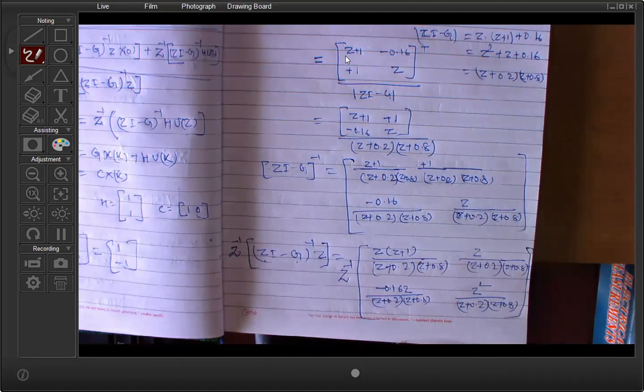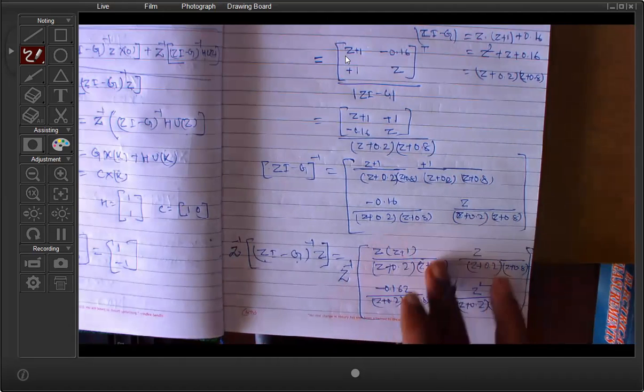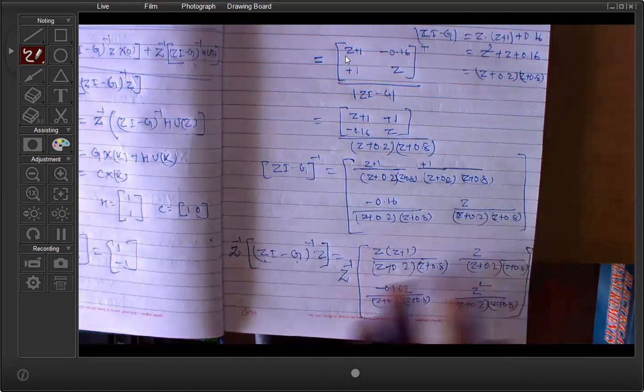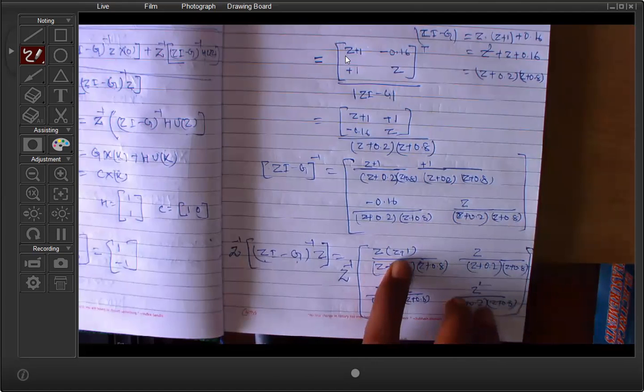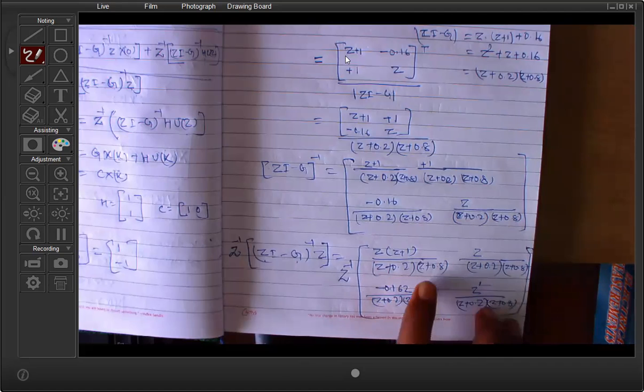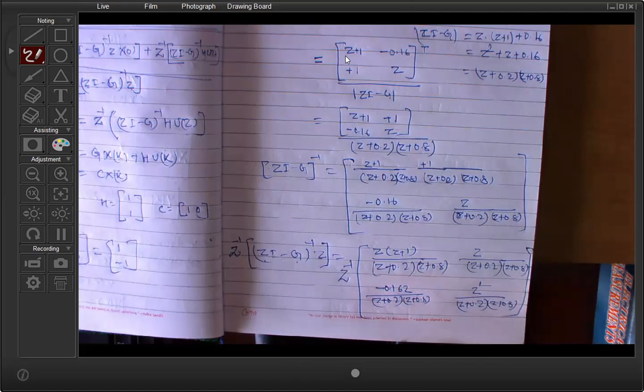So how can you find it? We have to find out the inverse Z transform of each term. Please calculate and tell me the Z inverse of Z into (Z plus 1) divided by (Z plus 0.2) into (Z plus 0.8).